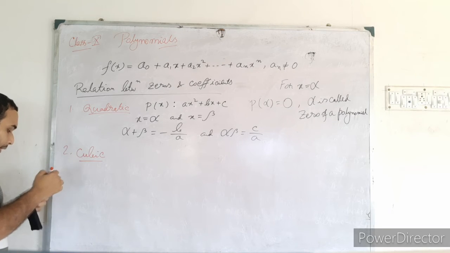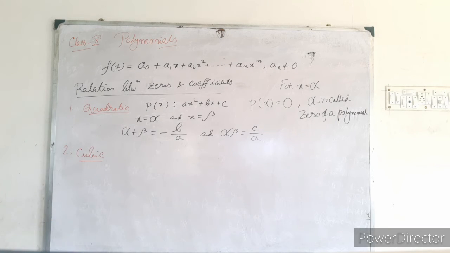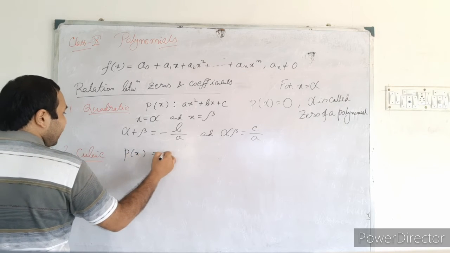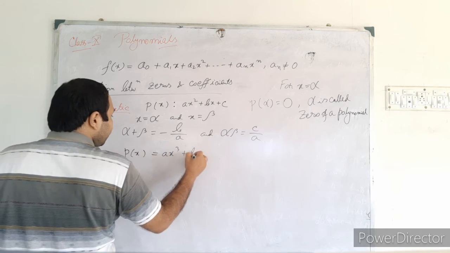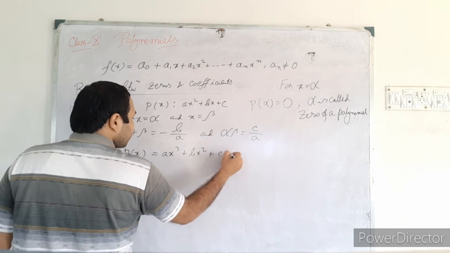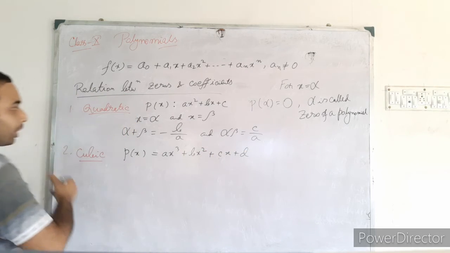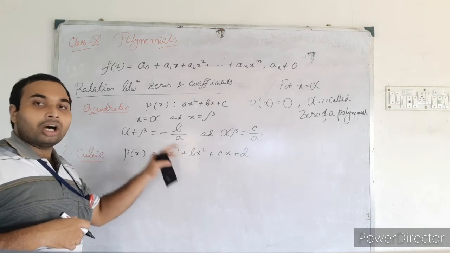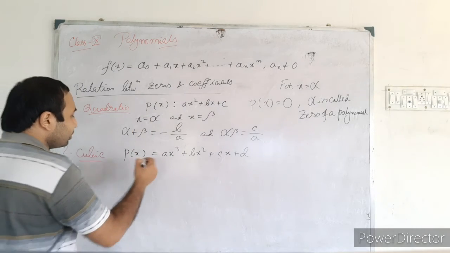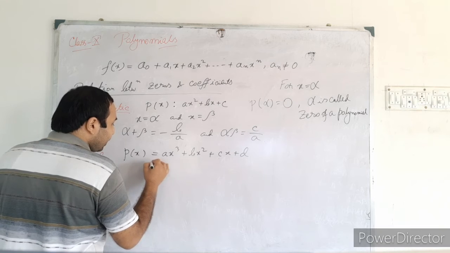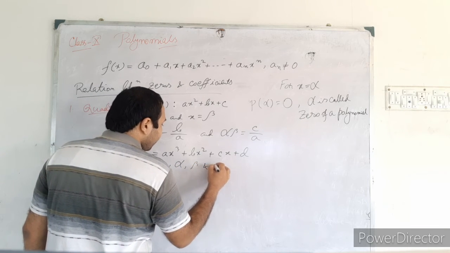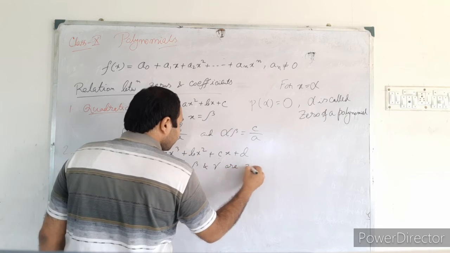A cubic polynomial is of the form p(x) equals ax cube plus bx square plus cx plus d. Here the highest degree is 3, so obviously there will be 3 zeros. Let alpha, beta and gamma be the 3 zeros.